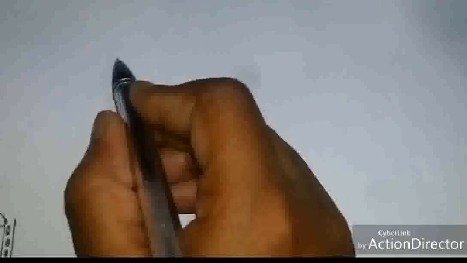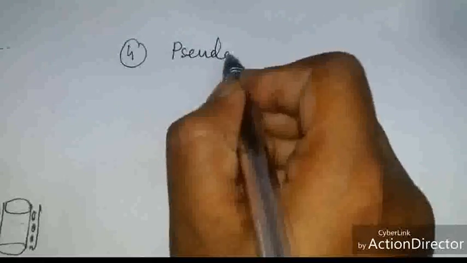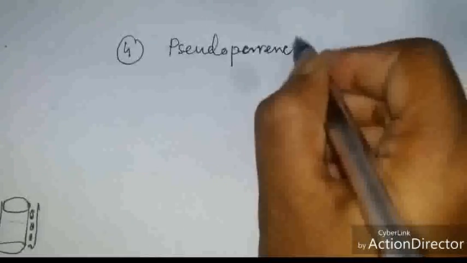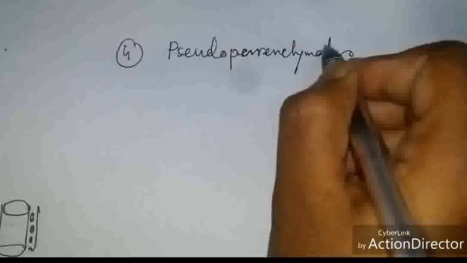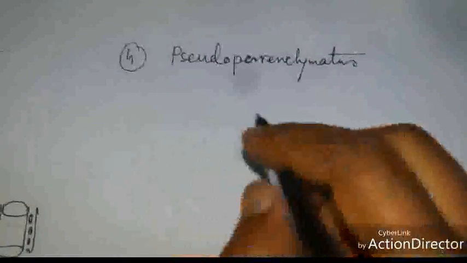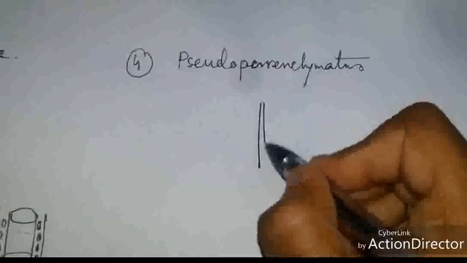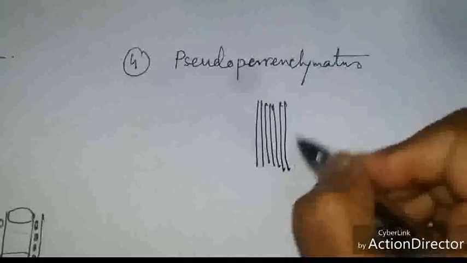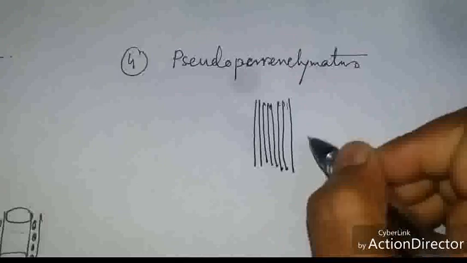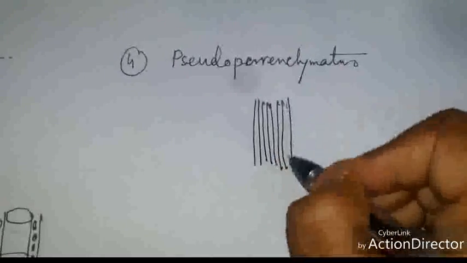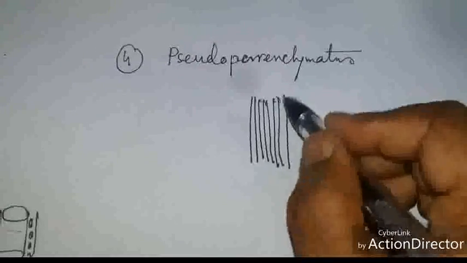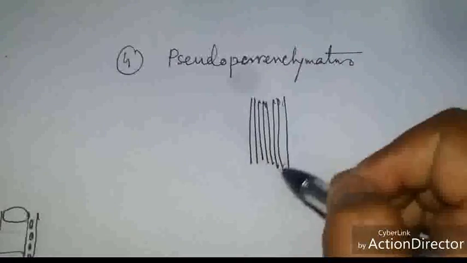Now pseudoparenchymatous thallus. Pseudoparenchymatous thallus means many filaments gather together and form an axis-like structure which looks like parenchymatous cells, but it is made up of filament-like cells.